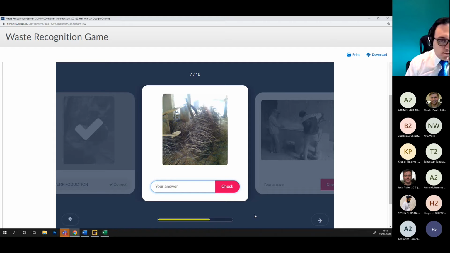Harpreet, are you there? Yes, we can see inventory waste, but it is again overproduction because you produce these steel elements on site, and usually the subcontractor produces lots of them to have in hand to build the column, to fabricate the column bars, but in many cases they are extra and they are wasted.